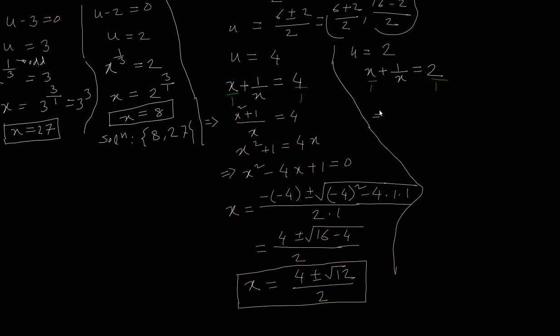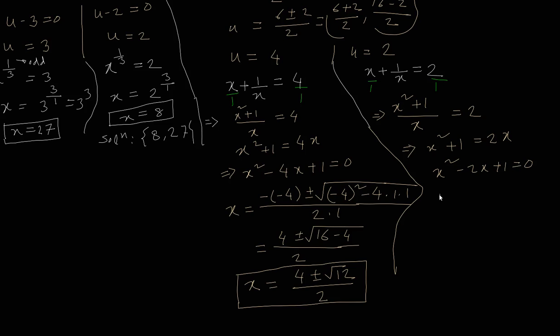Okay, so let's concentrate on the other one. In this case, if I multiply by x, it is going to be x squared plus 1 equals 2x. So I have x squared minus 2x plus 1 equals 0.